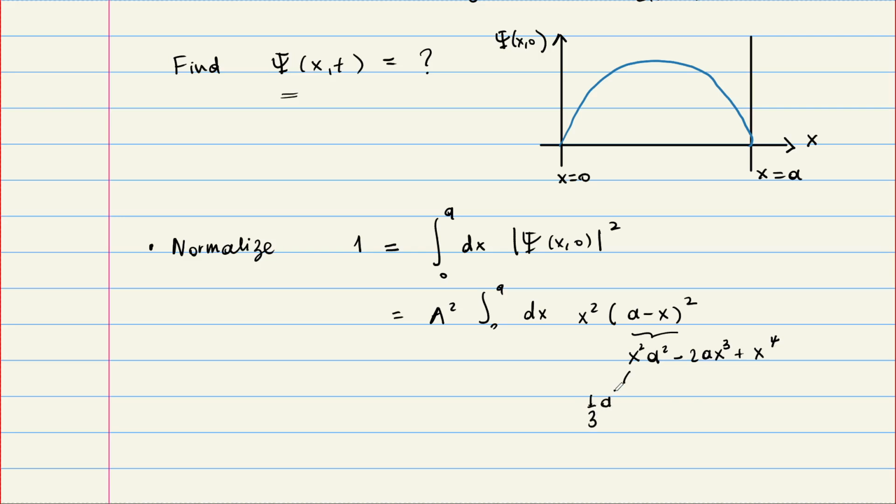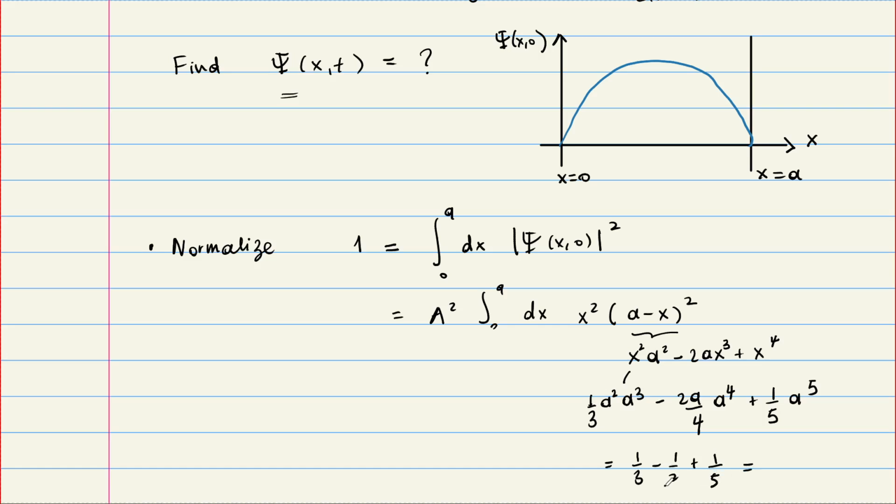And this one is going to give me 1/3 a squared x cubed, which is 0 at 0, so only a cubed, minus 2a over 4 a to the 4th, plus 1 over 5 a to the 5th. And this is a to the fifth, a to the fifth, a to the fifth. This is 1 over 3 minus 1 over 2 plus 1 over 5.